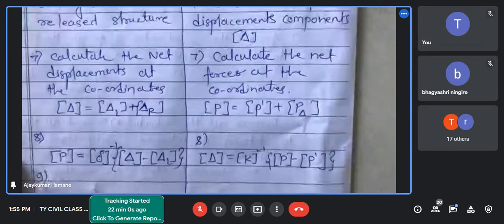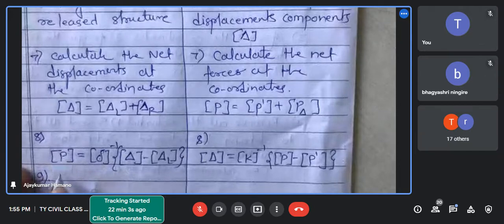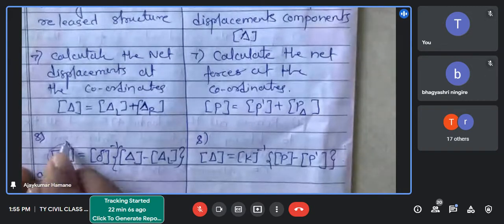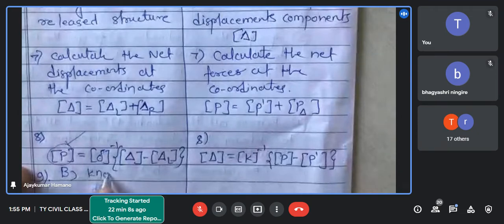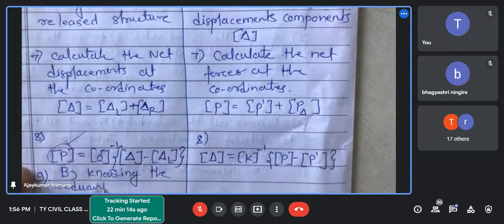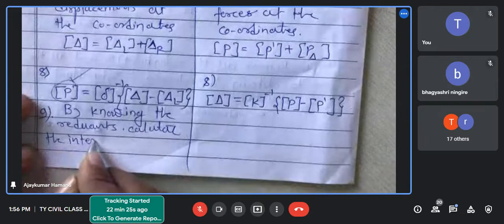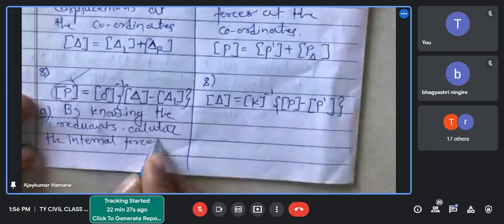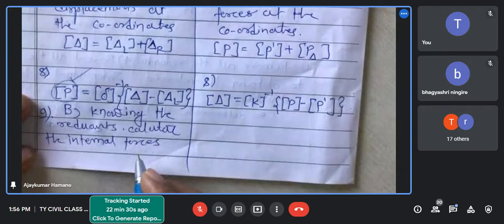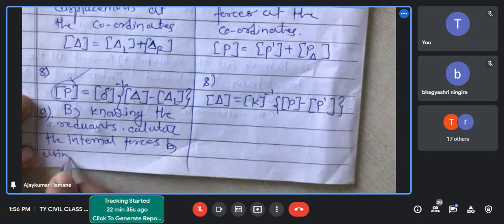And the last step: by knowing the redundants, now we have known the redundants, calculate the internal forces by using the equations of equilibrium or statics.